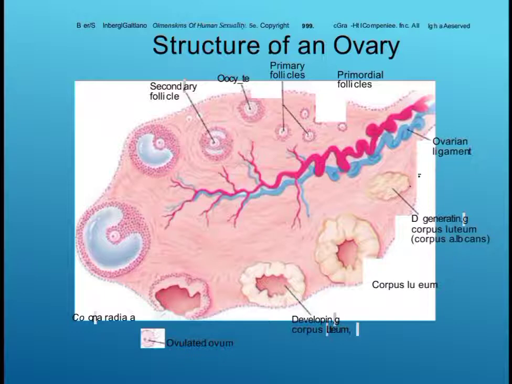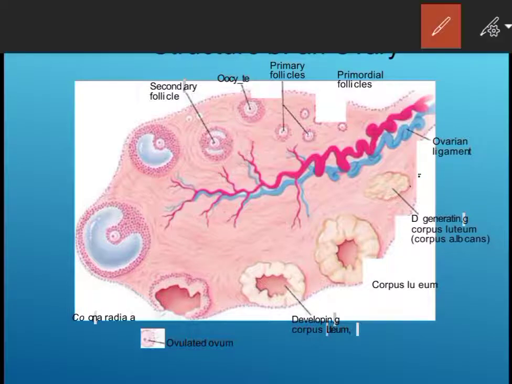Just now you have learned the structure, that is TS of ovary. So in this diagram you can see the primary follicles. The primary follicle has the oocyte which develops into ovum.